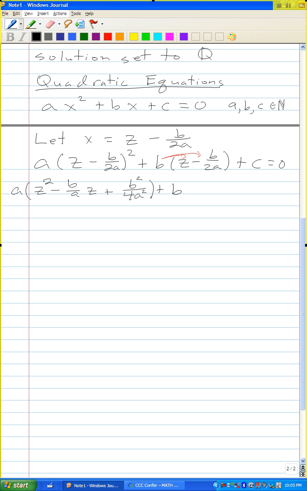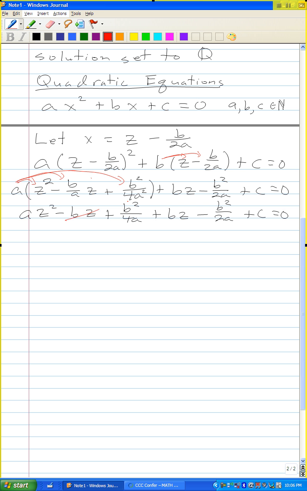And so I get bz minus b squared over 2a plus c is 0. Let's multiply a inside the parentheses. And so I get here az squared minus bz plus b squared over 4a plus bz minus b squared over 2a plus c is 0.